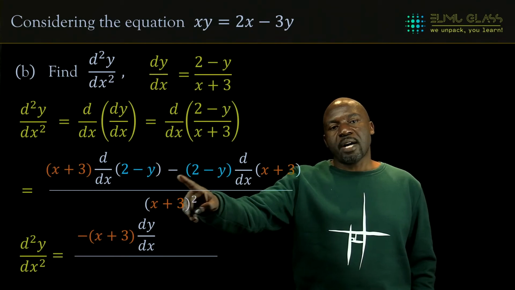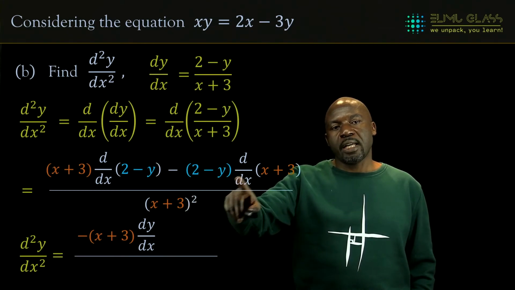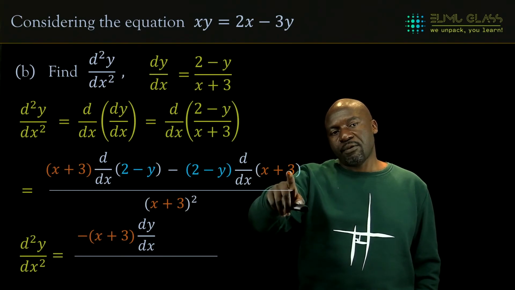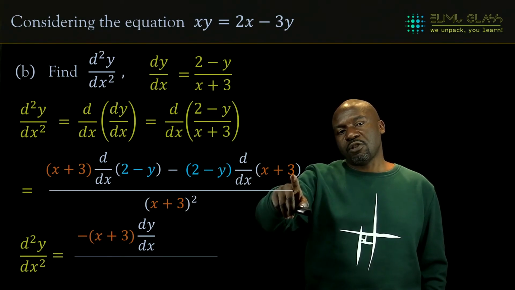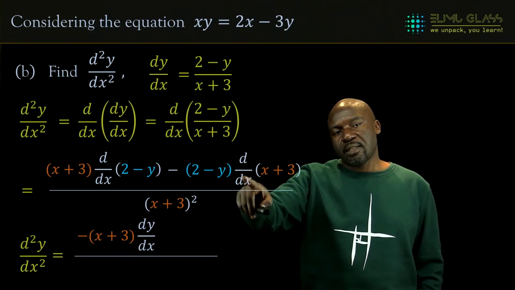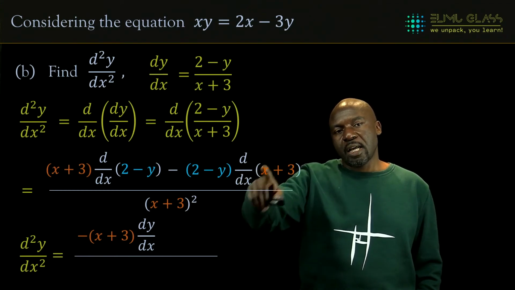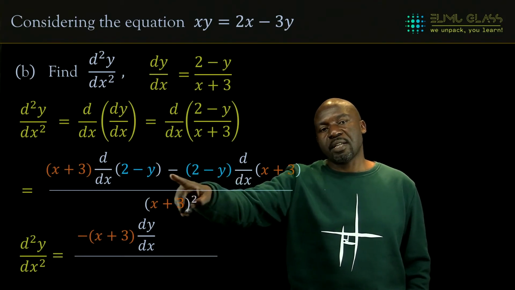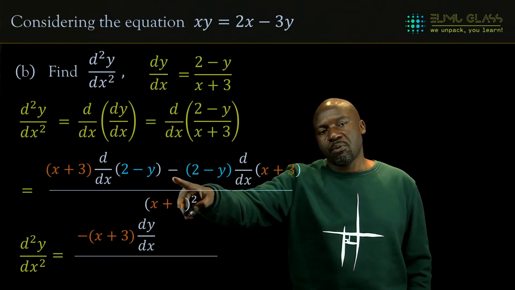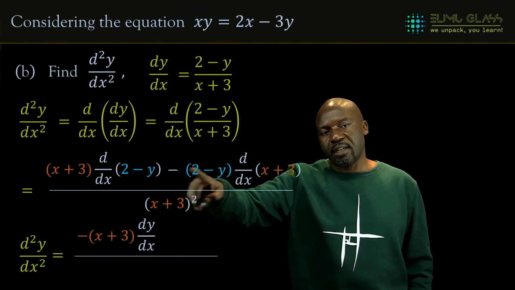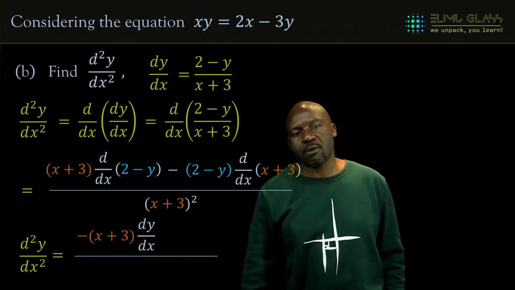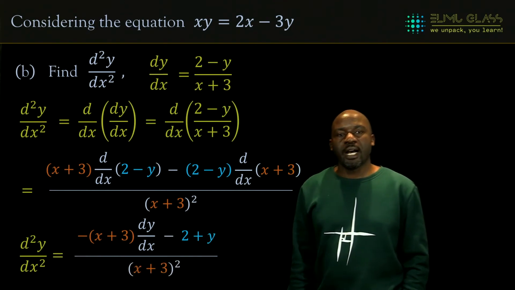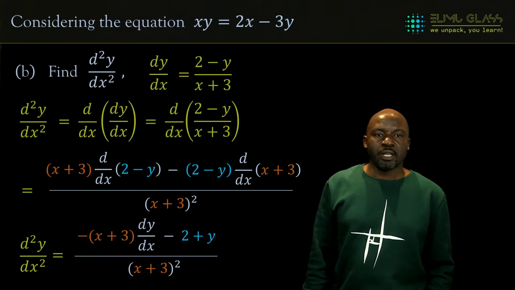We have minus (2 minus y), the derivative of x is 1, and the derivative of 3 is 0, the derivative of a constant is 0. So this gives us 1, and it's just going to be minus (2 minus y), which is the same as minus 2 plus y. The negative turns the negative y into positive y. So it's minus 2 plus y divided by (x plus 3) squared.